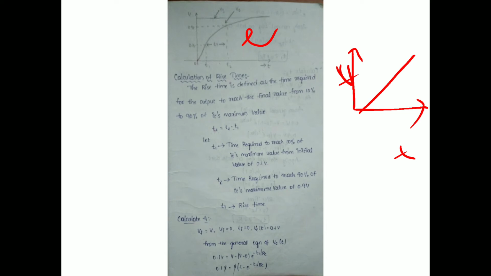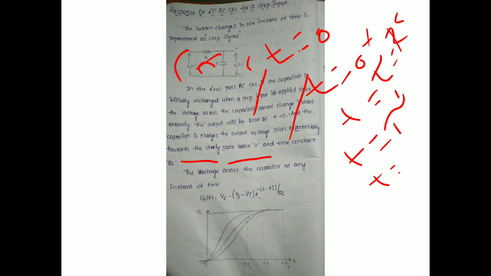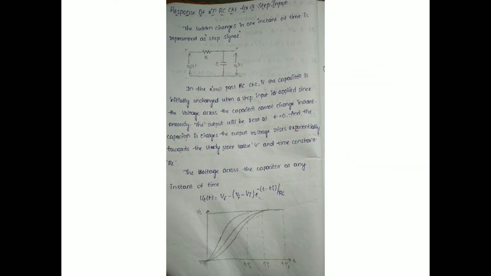So we have to observe the frequency response of the low pass filter when a step signal is applied. Once again, the operation of the low pass filter for a step input: we are applying the step signal to the low pass filter.